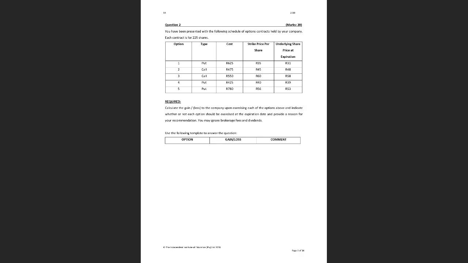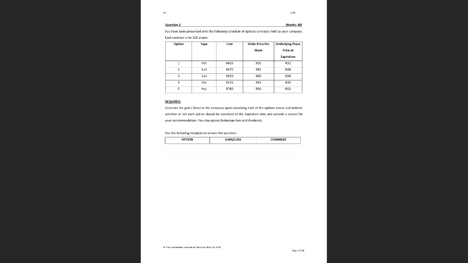So you must just remember that if you are holding a put option, it means your option is giving you the right to sell shares at strike price prior to the expiration date. So if you are selling shares, you would want the strike price to be higher than the market price, because you would be receiving 35 Rand instead of 31 Rand.